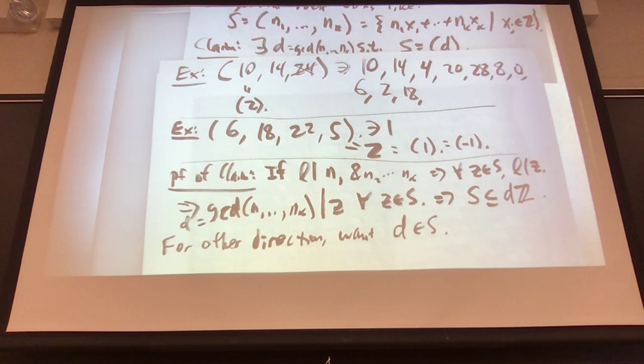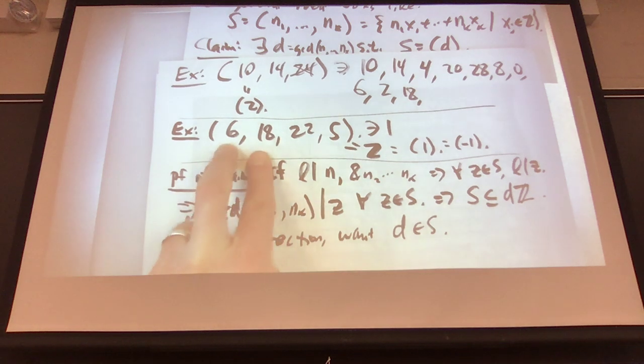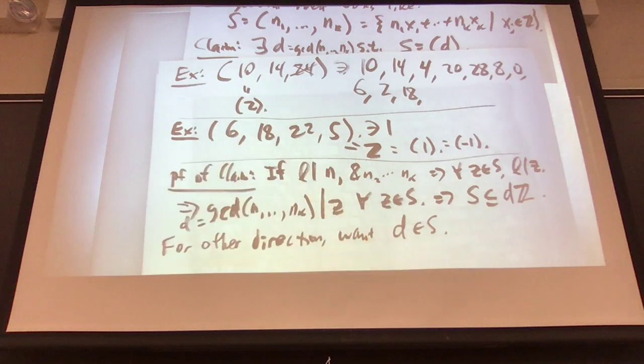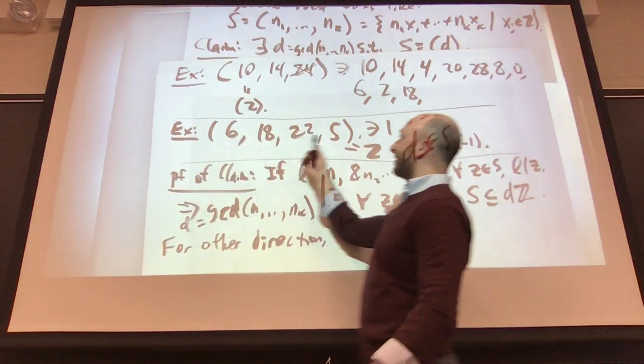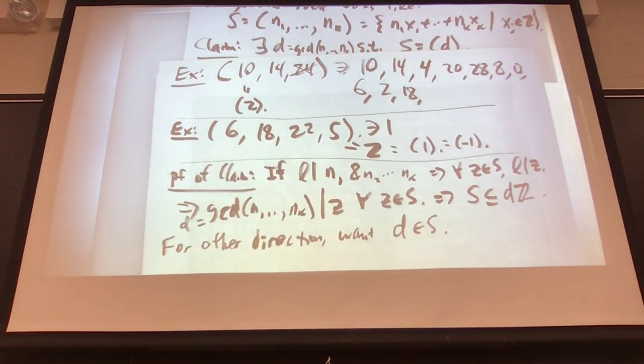How do I get D to be in S? Well, what does it mean for D to be in S, Daniel? Well, you can pick n1 and n2 and then go through the Euclidean algorithm process to find a linear combination to get to D. But n1 and n2 might have more factors in common than just D. There might not be any two of them that have just D as their GCD.